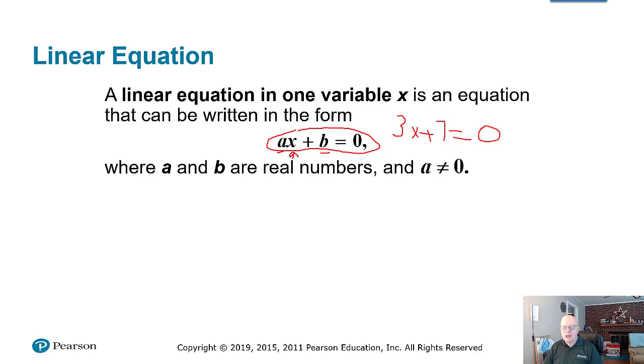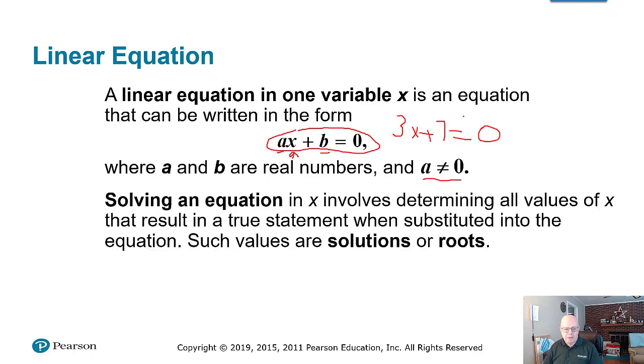And of course, this is important too, but usually you don't have to be concerned about that. If a were 0, you'd have 7 equals 0 or 6 equals 6. The whole thing just falls apart. You're not really doing algebra.